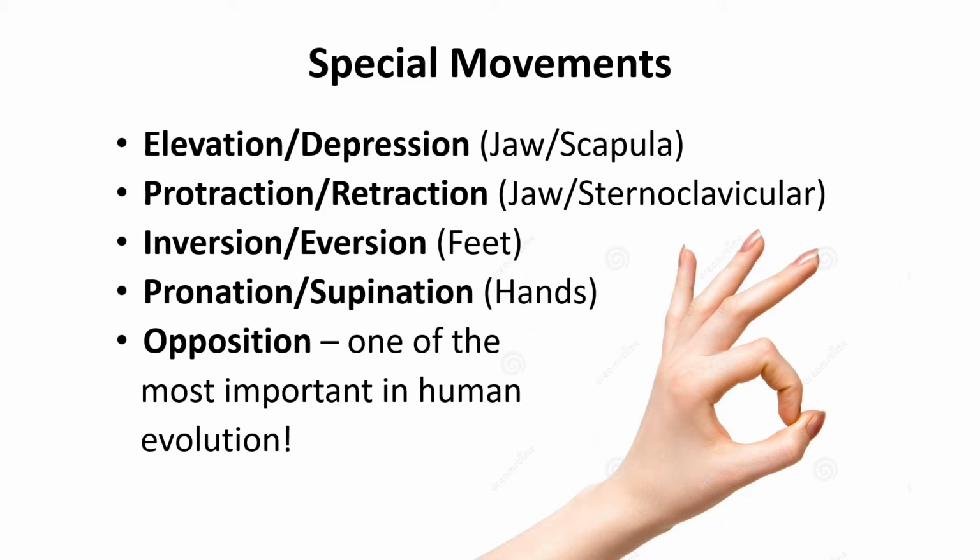We have protraction and retraction, which occurs mainly to the jaw, but it can be used for the joint between the sternum and the collarbone as well. You do actually have a little bit of movement there. We have inversion and eversion, which are special movements of the feet. We have pronation and supination, which are special movements of the hand. And we have opposition, which is a special movement of the digits.